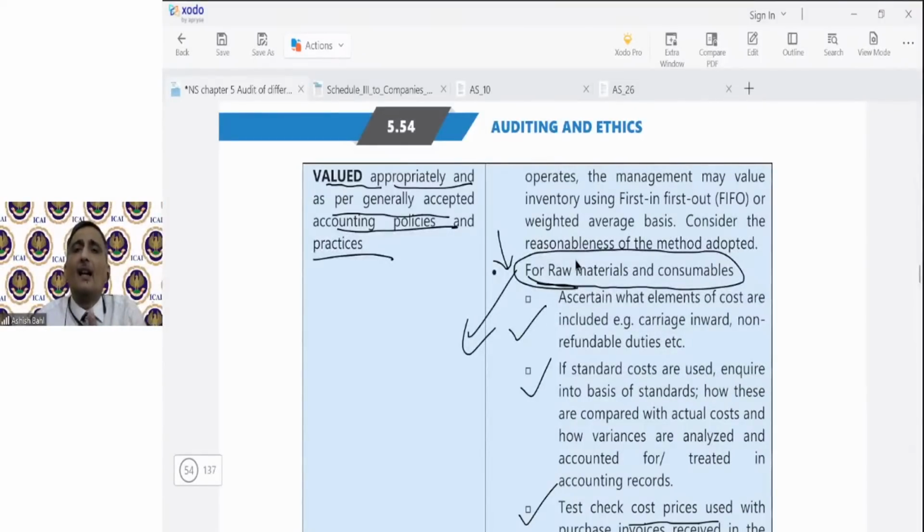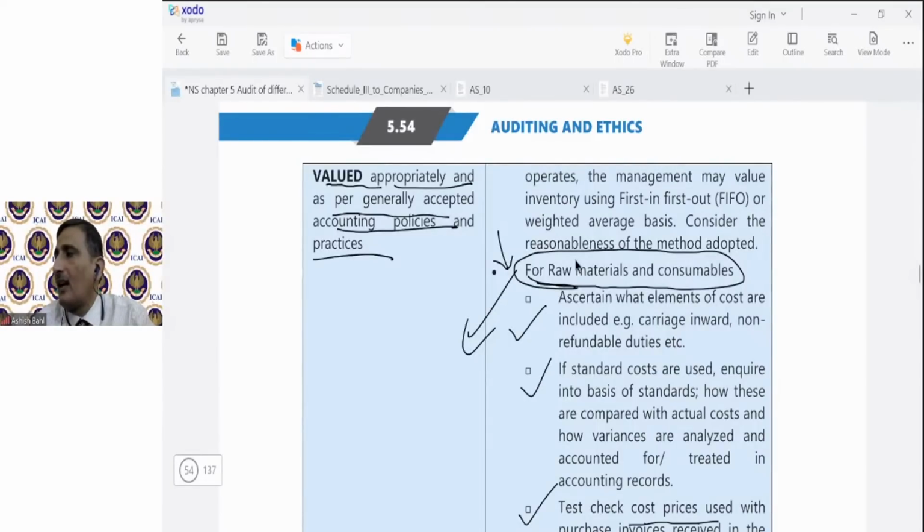I would take the example of manufacturing of fabrics. A company is engaged in manufacturing of fabrics. Say yarn is its major raw material, and say the company also uses some kinds of chemicals and dyes. So this is why raw material and consumables. Okay.